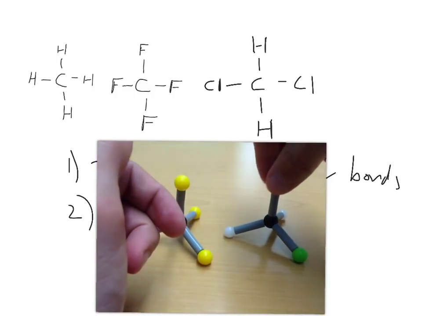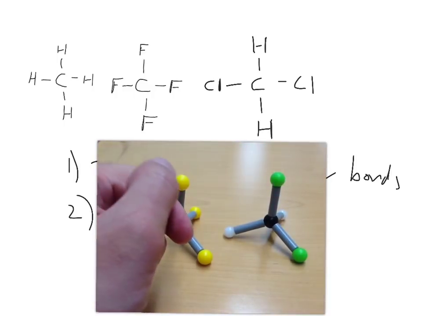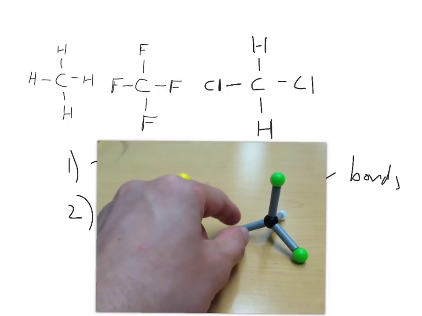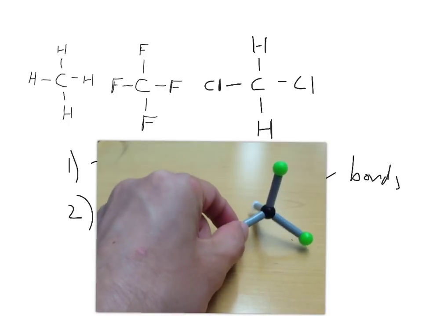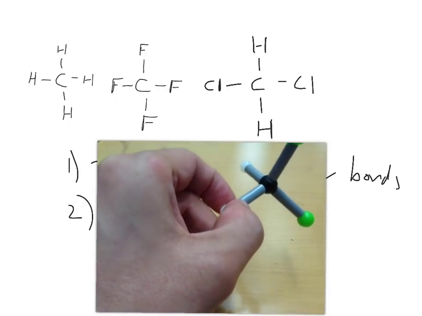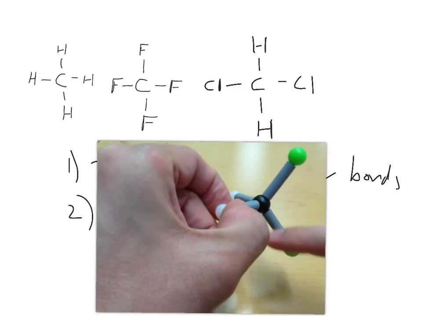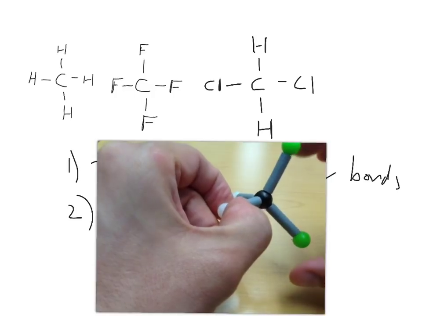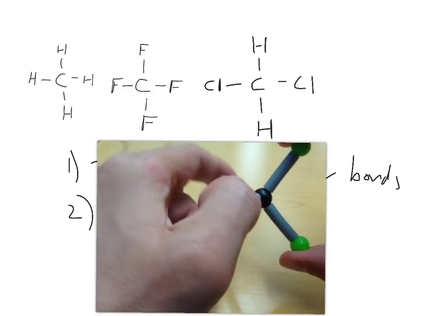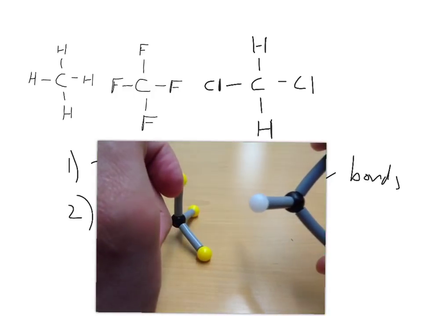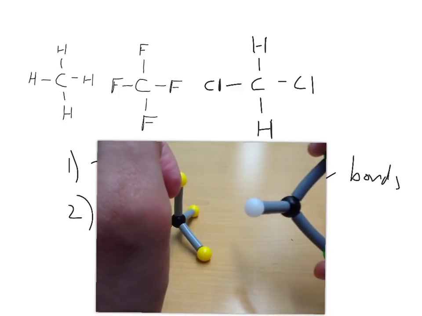In this molecule, the green spheres represent chlorine, the white spheres represent hydrogen. Chlorine is more electronegative than hydrogen. Same idea. Got a polar bond here, polar bond here. So there is a net dipole moment to the right, the way that I'm holding this.